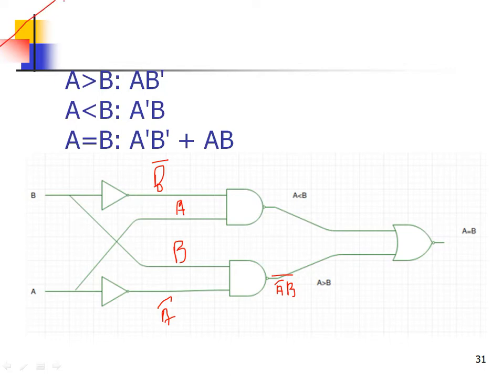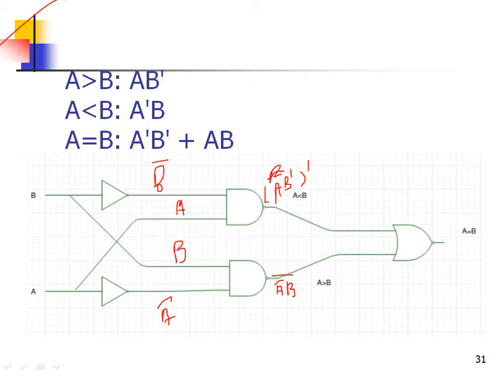Okay, and if you consider the next case, here it is A B bar, and if you feel confused, you can directly draw the logic diagram for A equal to B, A greater than B and A less than B with the help of your universal gates NAND and NOR. So this is for only A B bar, so this is A B bar to the whole bar.